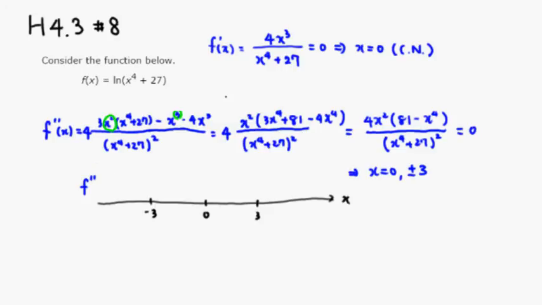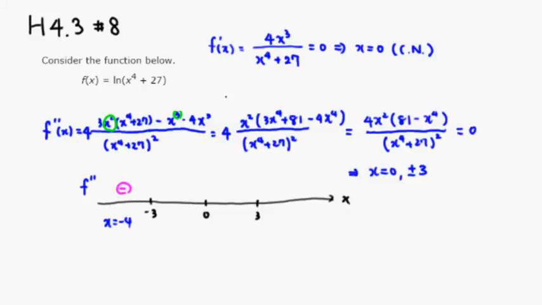We can try anything less than negative 3, so x equals like negative 4. If you plug it in, you see that the denominator is always positive, and this is positive. So 81 minus negative 4 to the fourth power is going to be negative, so it's going to be negative.